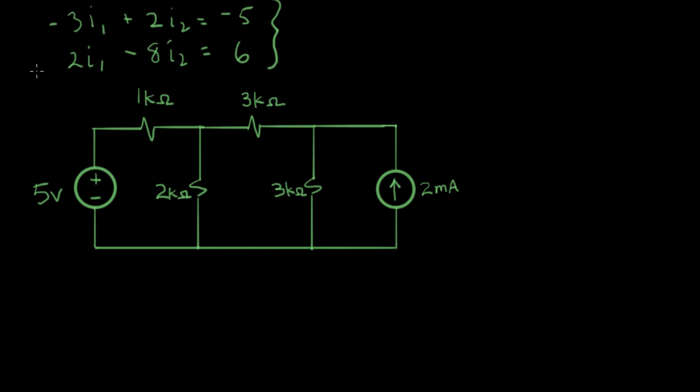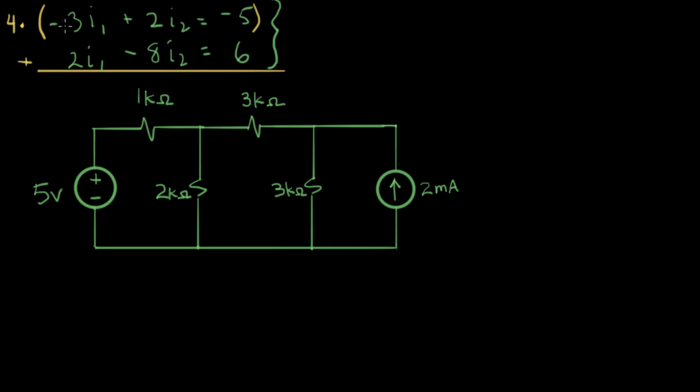So I think the way I want to solve this is I'm going to take this equation here and multiply it by 4 and then add it to this equation here. And let's see what we get.